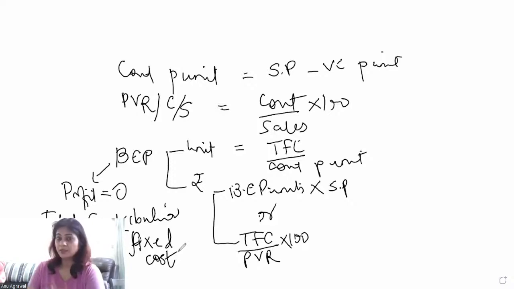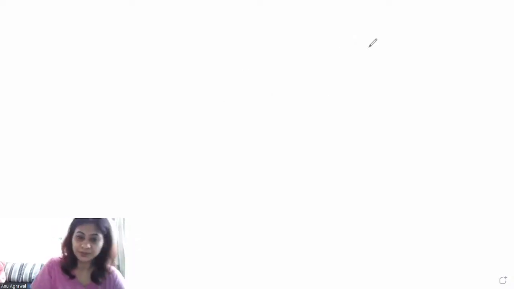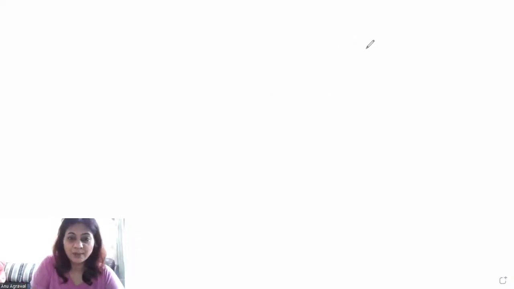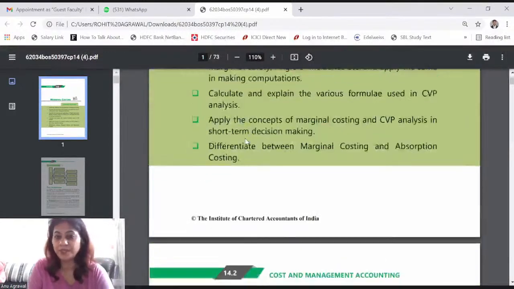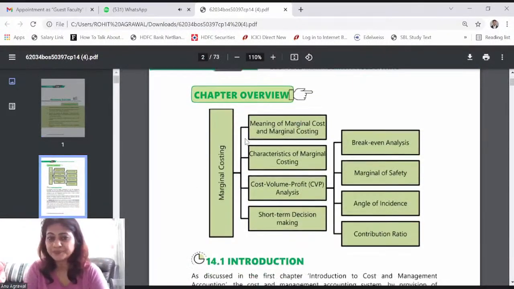So are we good? Has everybody copied? Now, guys, once we have understood this particular aspect, I would like to share the institute material with you so that you are able to appreciate what we have done.